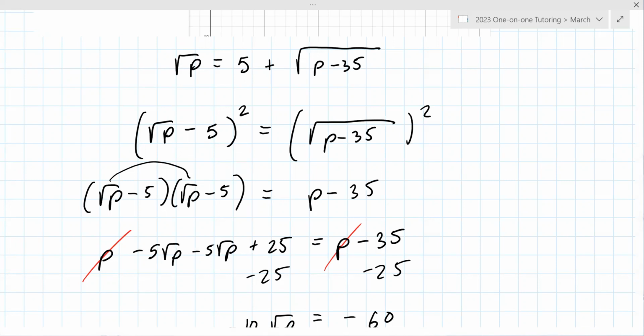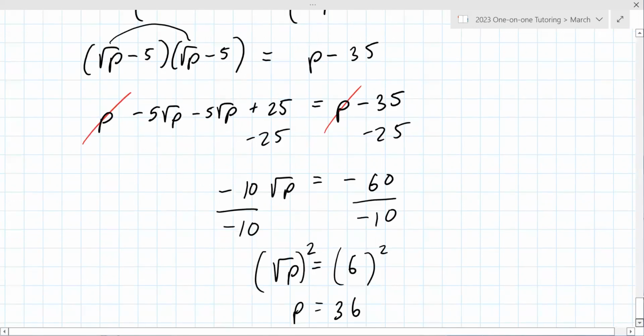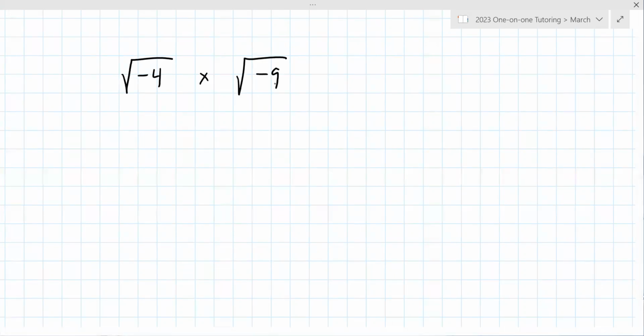A good example of that is a classic problem you see on Facebook. It'll be something like the square root of minus 4 times the square root of minus 9. There are two ways you will see this done.